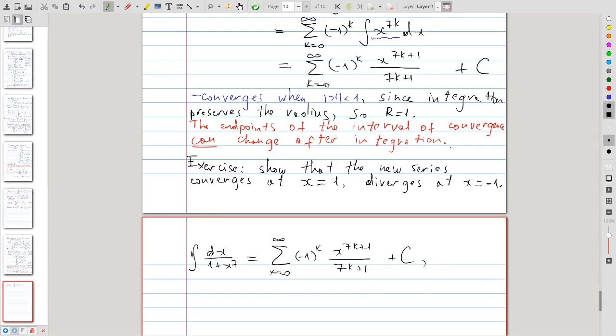And so this equality here between the antiderivative and the power series holds for absolute value x less than 1, as we discussed.